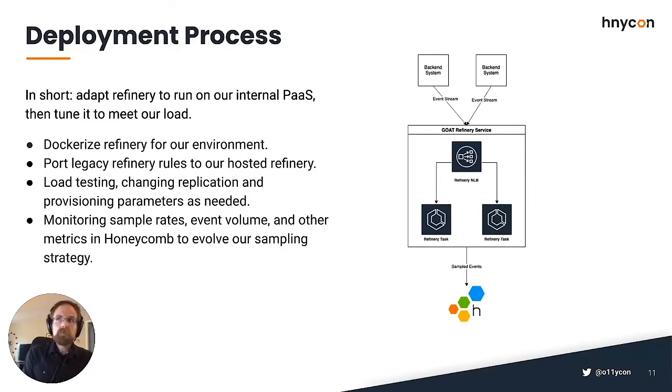Just for context, one of the goals we had for this project was to have Refinery running in our internal infrastructure and having our highest volume event generating applications going through Refinery by holiday season 2020. We are in the e-commerce space, so essentially after Thanksgiving is our highest traffic period of the year.